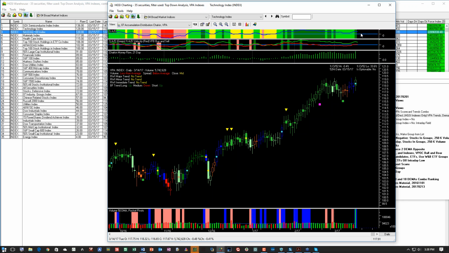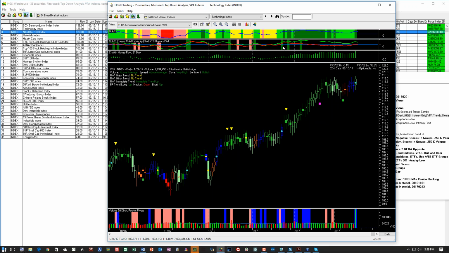These 3 windows up here are related to the accumulation index. When you see the Chaikin positive and the velocity and the accumulation up near the top, the accumulation is the green line. This indicates that there is strong accumulation going on.